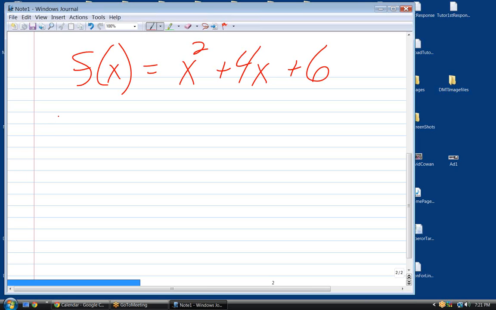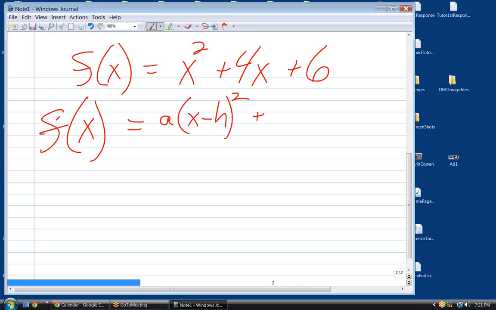Okay. Tell me what the general format of the vertex form is. Right there, that's the general format.